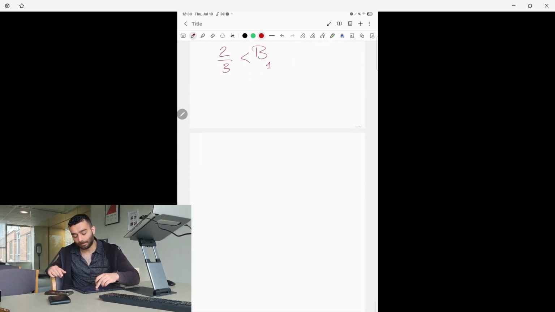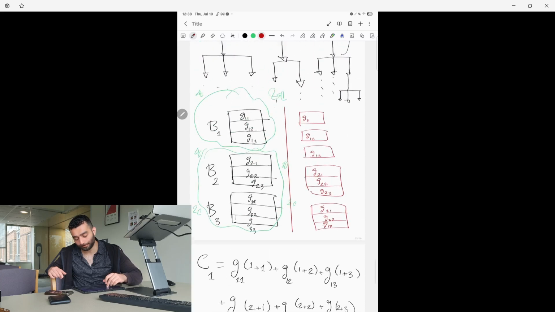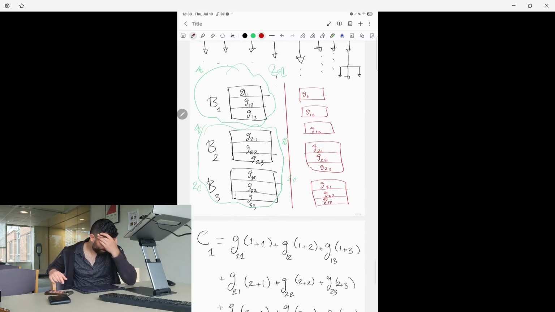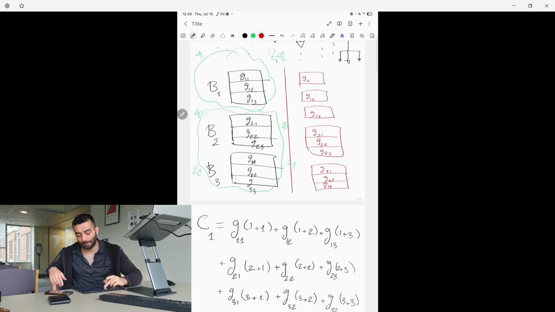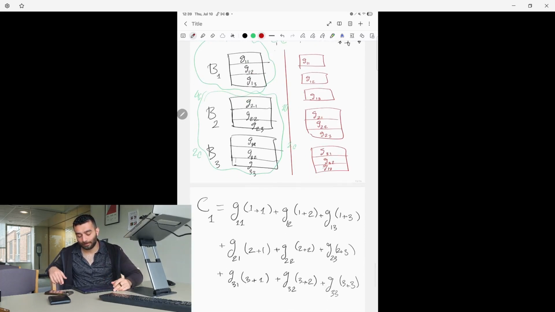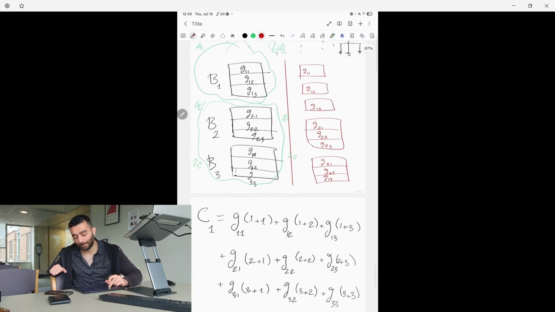What about the cost of an item? What if we want to pull back an item in bag 2? Can we pull back item 2?